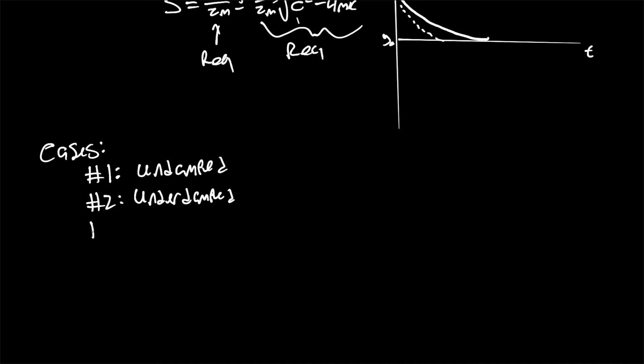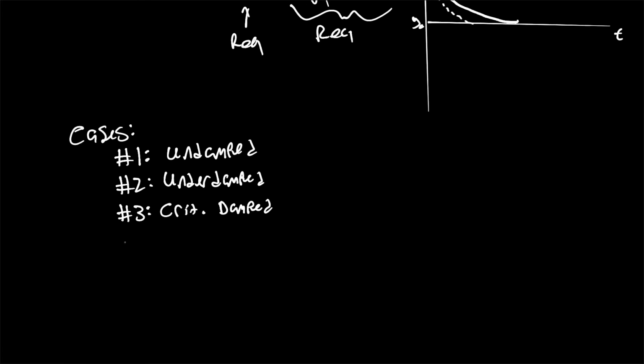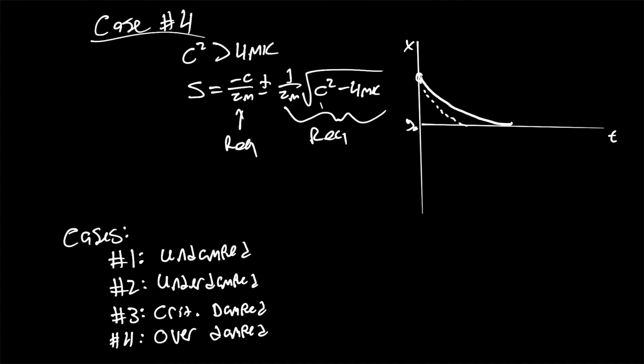We have a third case, which is critically damped, which means that it decays without any oscillation. And then we have the fourth case, which you can mostly guess, it's going to be overdamped. Basically it means you have this initial disturbance, it's slowing down, but at a lower rate than what you would have at critically damped.